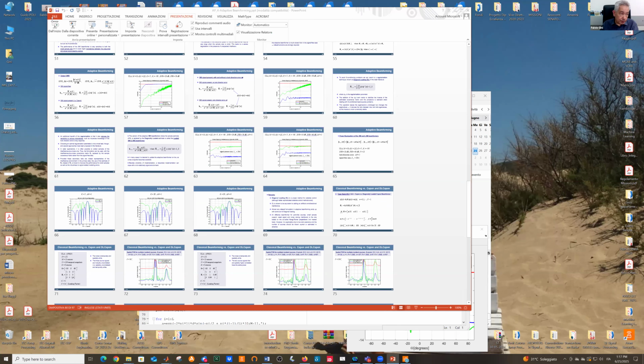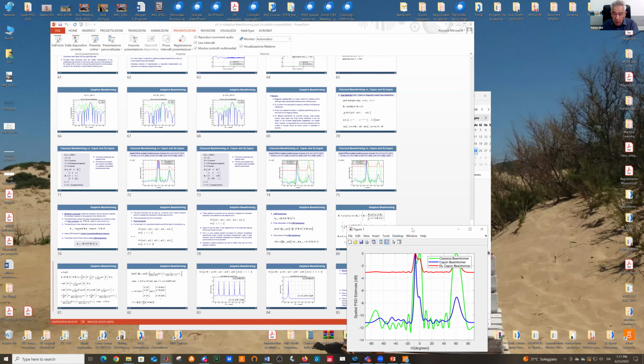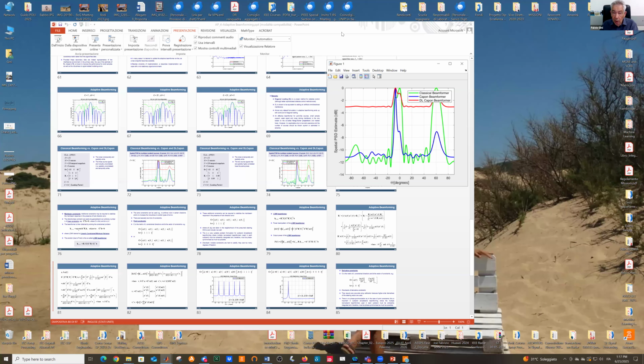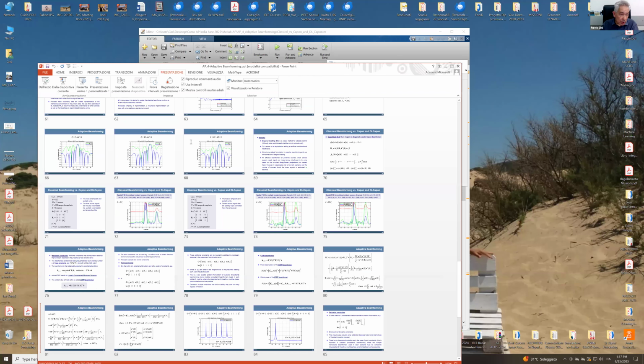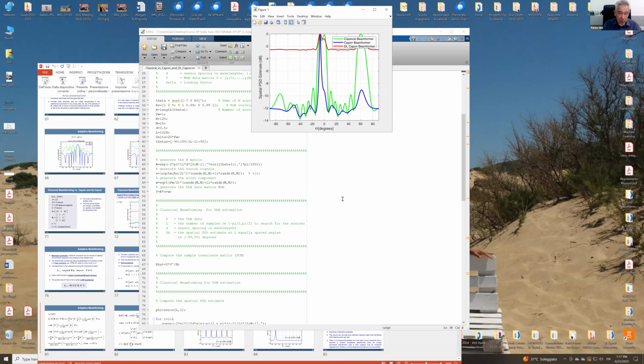So for example, I want to increase the delta. Instead of 10, like in the last figure, I put 20 times the power. Improves, but not much.